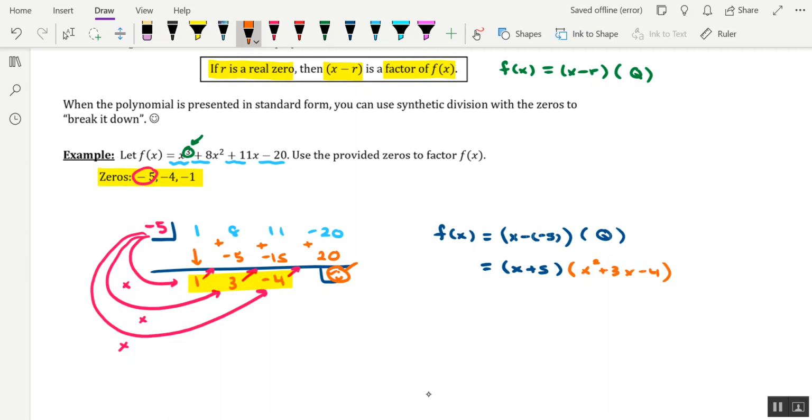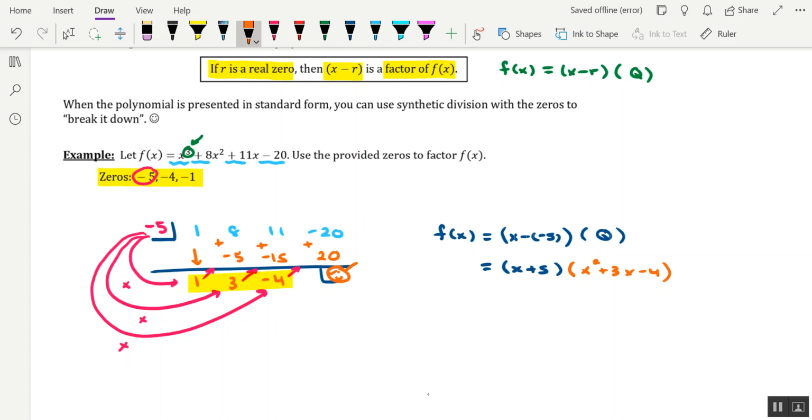Now, if you're able to factor this quadratic factor by hand, which it looks like we would be able to, then you can drive the problem home by just factoring this quadratic expression, in which case you would have the fully factored form of f of x.